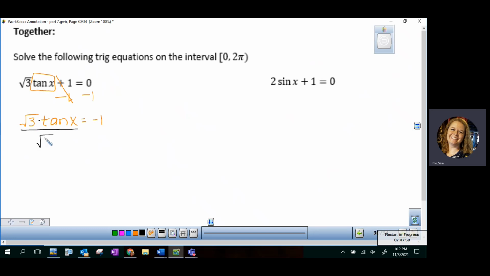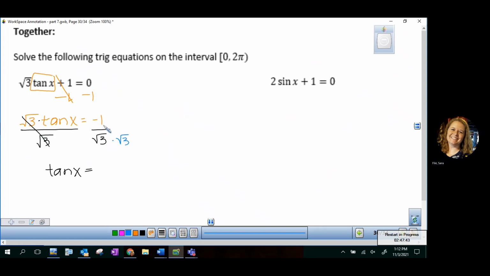So we get rid of it by dividing. So I've got tangent of x equals, but we don't like having that radical in the denominator. So I'm actually going to go ahead and rationalize that. Rationalize is when you multiply by the radical that's in the denominator to get rid of it. So that becomes just a 3 in the denominator. And it's a negative square root of 3 in the numerator.